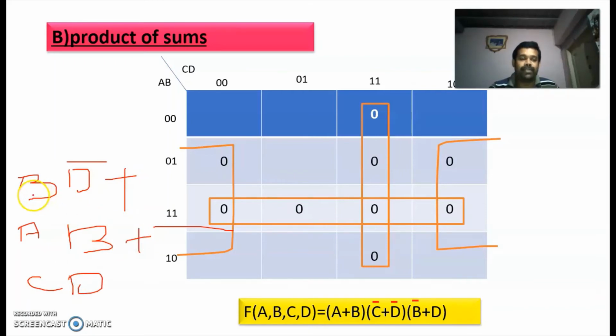While POS will be getting B bar plus D, and for this one A B means A bar plus B bar, and for C D here you'll be getting C bar plus D bar.